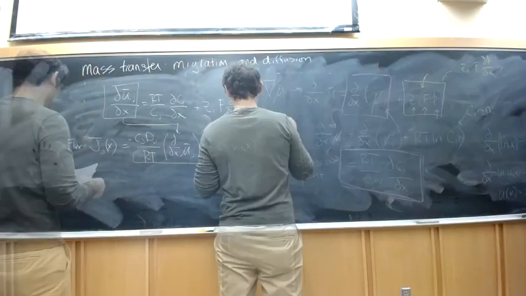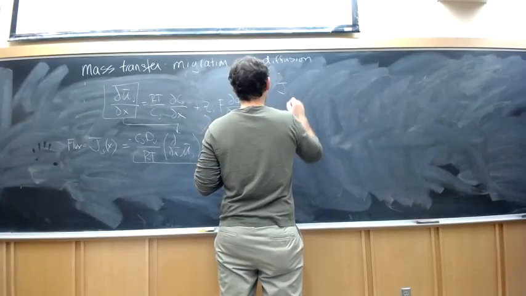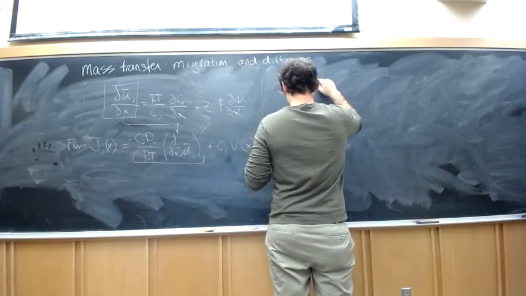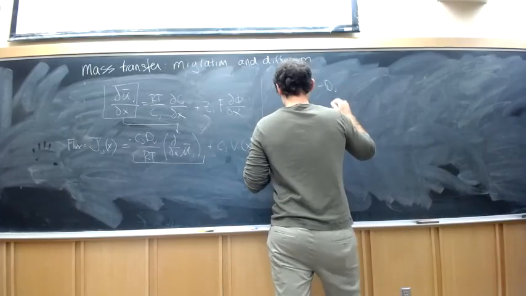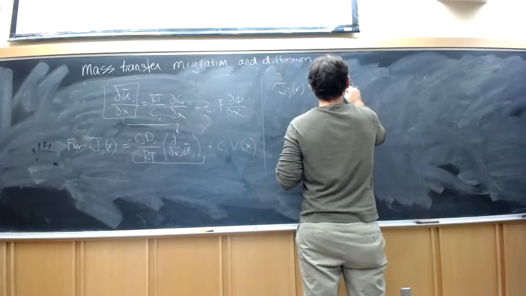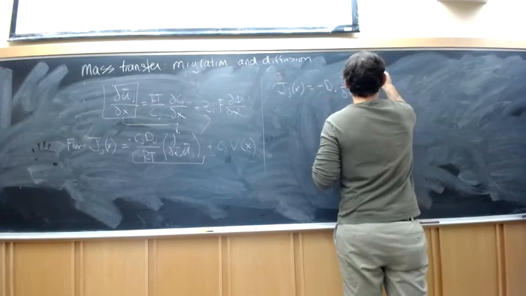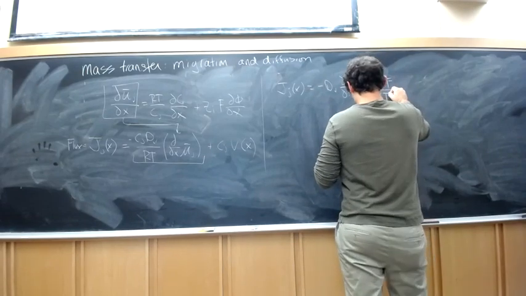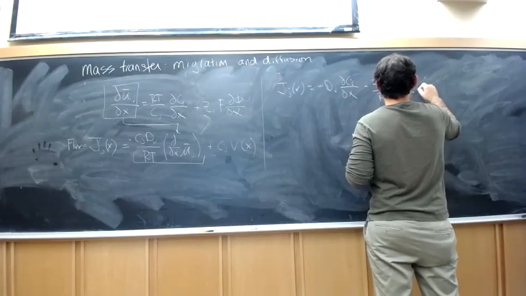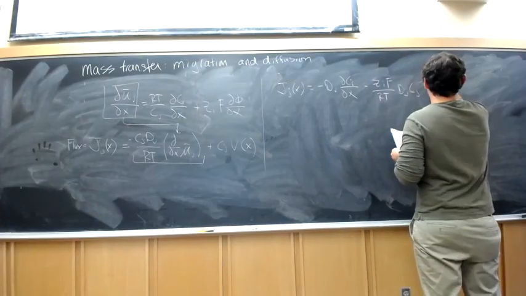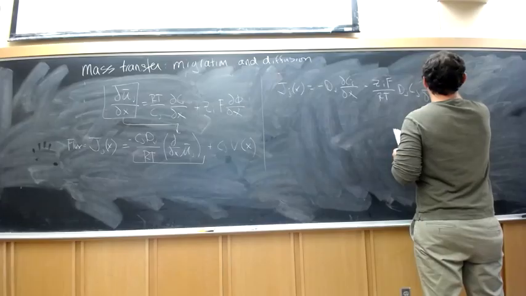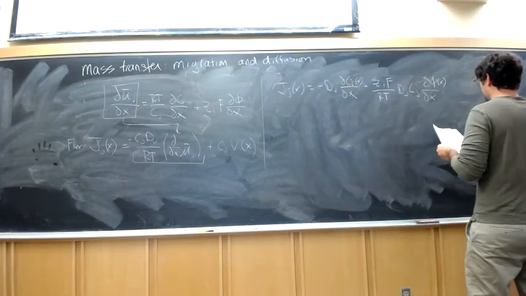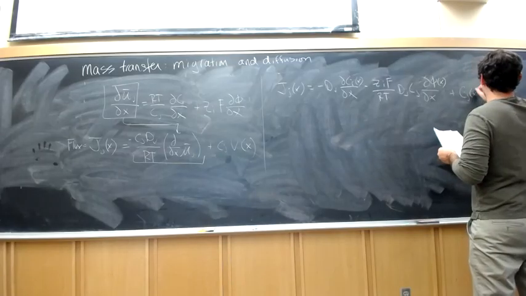And what we get overall is J(x) equals negative D_j dC_j/dx minus z_i F over RT D_j C_j dφ/dx, where the functions of x in there are C_j(x) and φ(x).